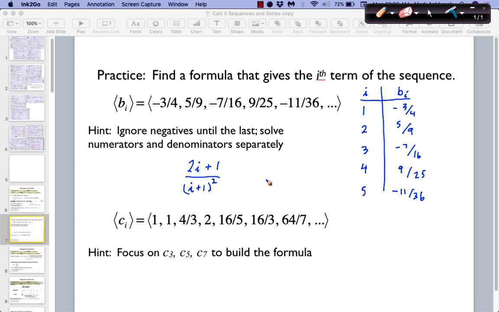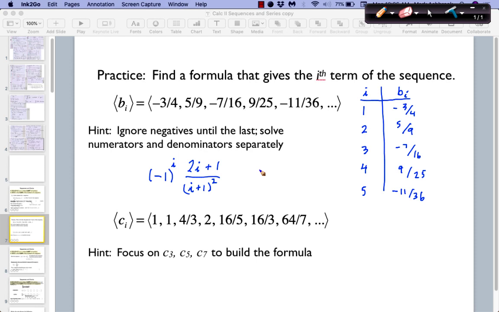Now how do we get this so that when i is odd, we get negative, and when it's even, we get positive? Anyone come up with a way to do that? Yeah, Nick. If you take -1 to the ith power, does that do it? Odd powers: if you multiply -1 together an odd number of times, it will be -1.